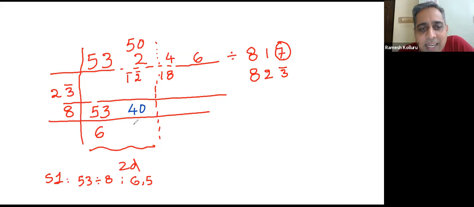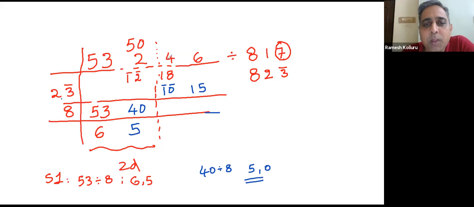So I can write 5 here. 8 5s are 40. Now this 5 is multiplied with 2, 10, which is a negative 10, and 5 3s are 15, which is a positive 15. So here my division ends where my quotient is 65, and 40 is divided by 8. So 5 is quotient and 0 is remainder, right?